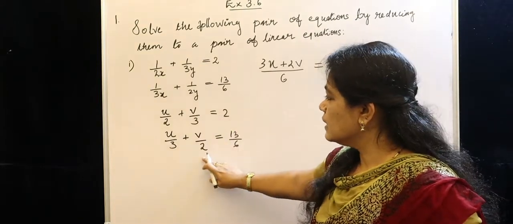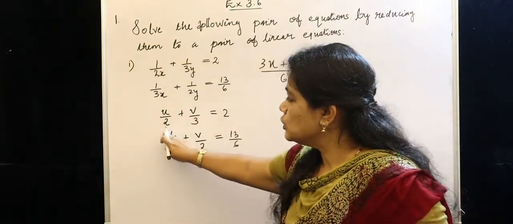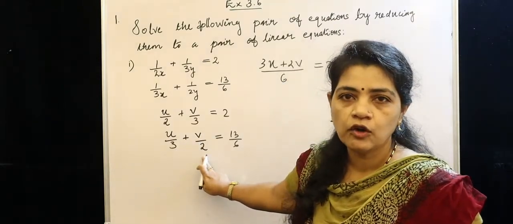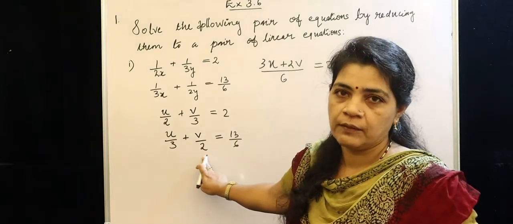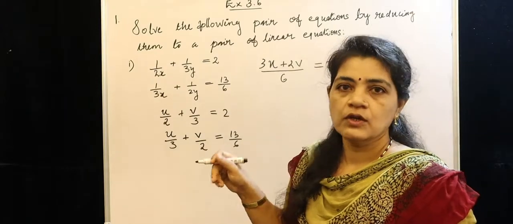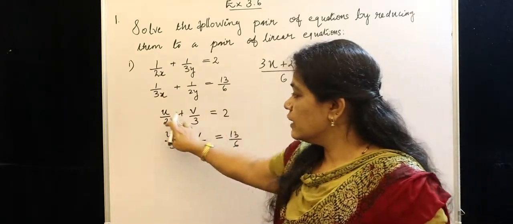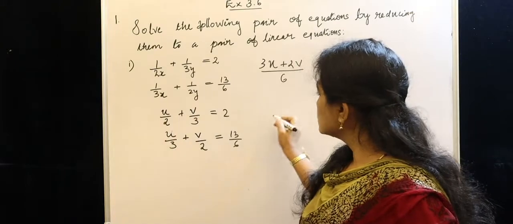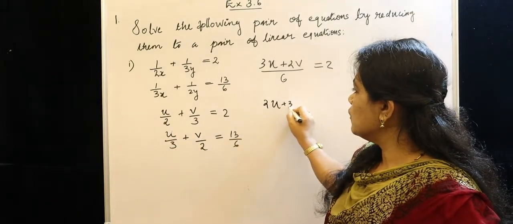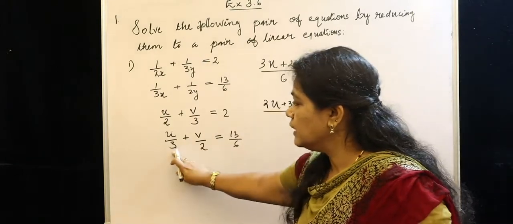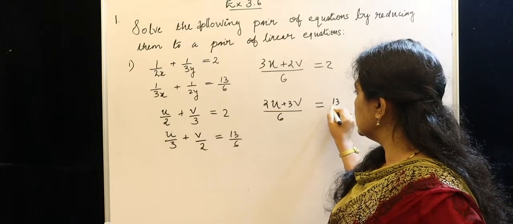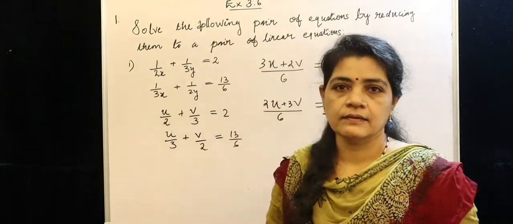And the second equation, that is 2 into u, 3 into v whole divided by the product of the denominators. That is the rule of cross multiplication. Since the denominators are different, you have to do it this way. So you will have 2u plus 3v divided by 3 into 2, 6, and that is equal to 13 by 6 in the RHS.